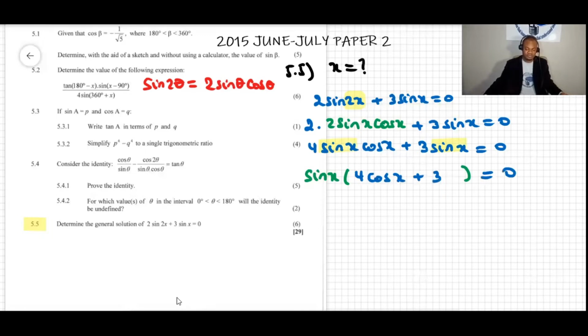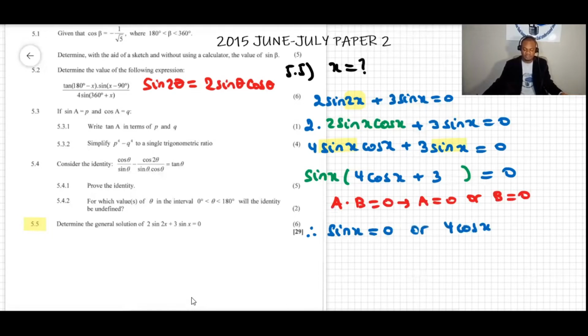Now there's a property in math that says if a times b equal to 0, this implies that a equal to 0 or b equal to 0. Therefore, we will do sin x equal to 0 or 4 cos x plus 3 equal to 0.